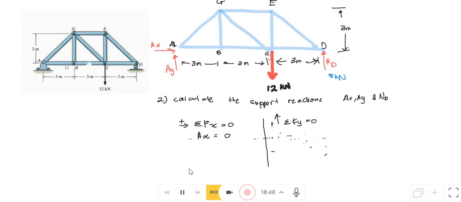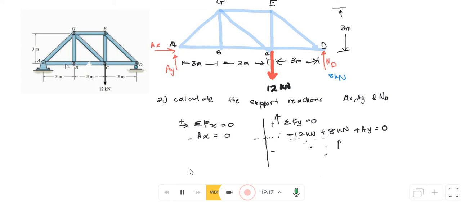Okay, so if you use summation of Fy equal to 0, then you know that we have negative 12 kilonewton there, and from the force at roller, we know that this is positive 8 kilonewton and plus AY, so equal to 0.